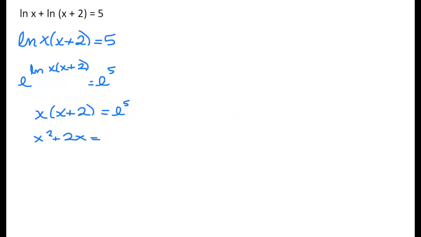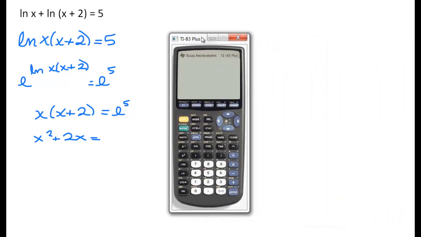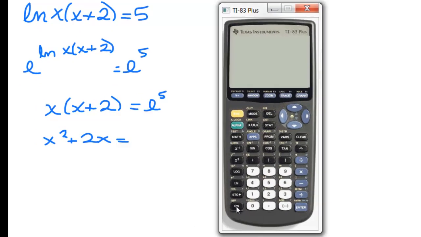So let's bring our graphing calculator over here and see what this is going to look like. So e to the 5th, shift of natural log to the 5th power, is 148.413 thousandths.